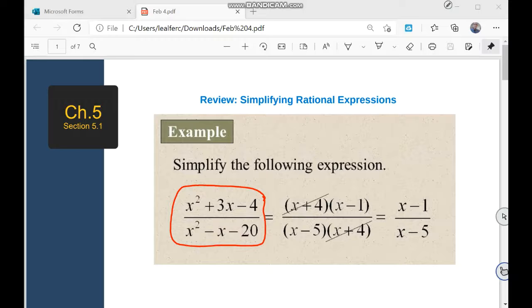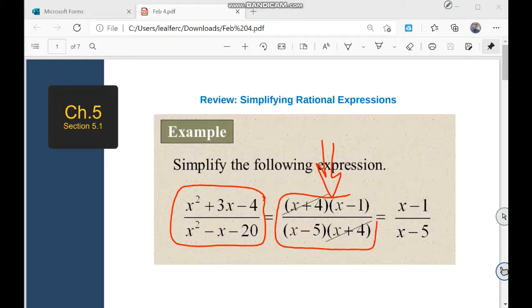Then you need to remember, last chapter, chapter 4, we worked on factoring, techniques to factor out polynomials. You have to factor out the numerator, you have to factor out the denominator, then you're going to find an expression just like that.